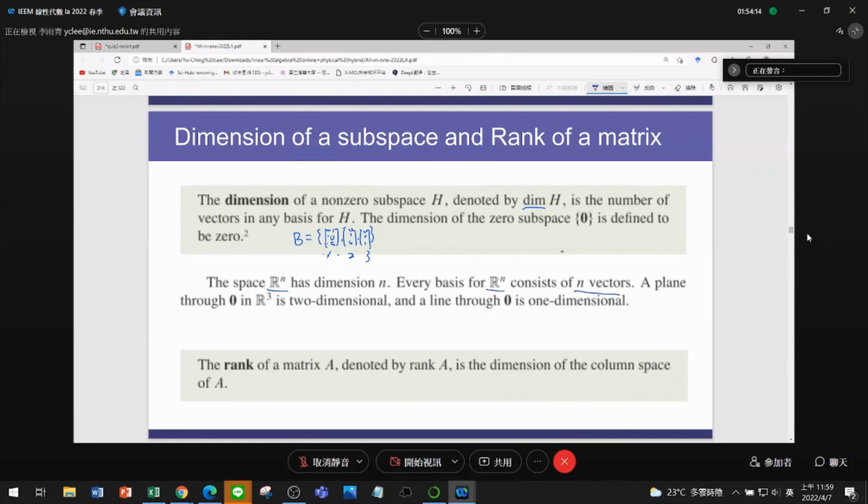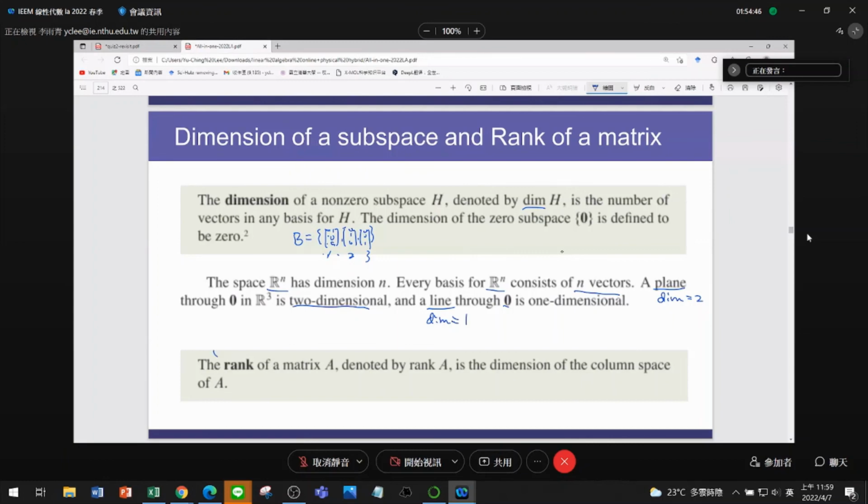This is by definition. And a plane through the origin in R3 is 2-dimensional, and a line through 0 is 1-dimensional. So if it's a plane, then the dimension of the plane is 2. If it's a line passing through 0, then the dimension of the line is 1.